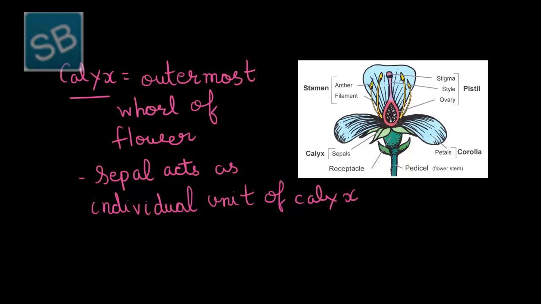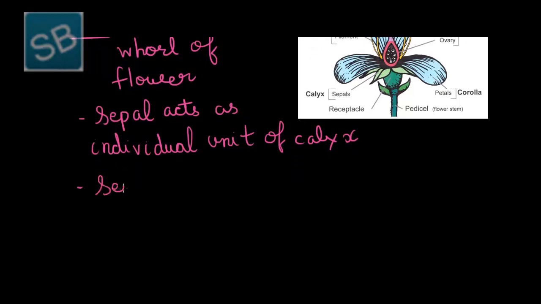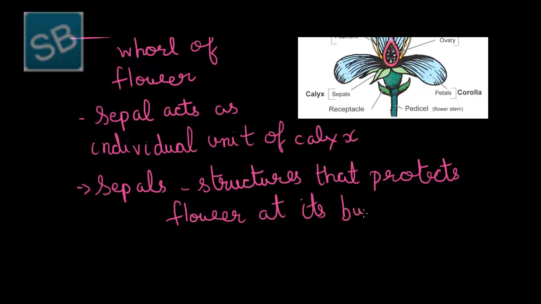Sepals, as it can be seen from the figure, are a green, leaf-like structure and protect the flower in its bud stage. Thus, sepals are the structures that protect flower at its bud stage, and generally are green and leaf-like in structure.